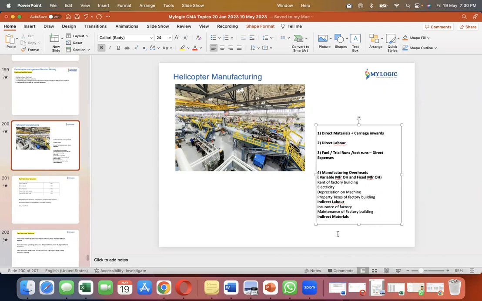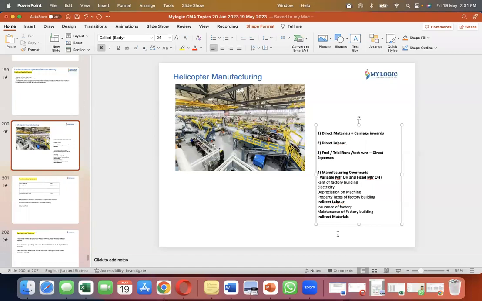What I was trying to say until now is that in a factory manufacturing environment, there may be direct material, direct labor, direct expense, and then there is a whole lot of expenditure other than these, which we call manufacturing overhead.